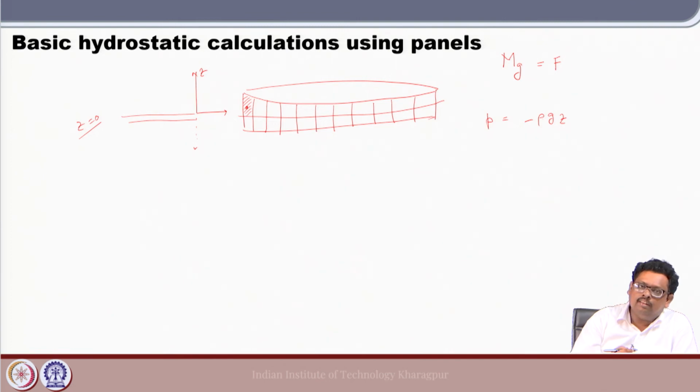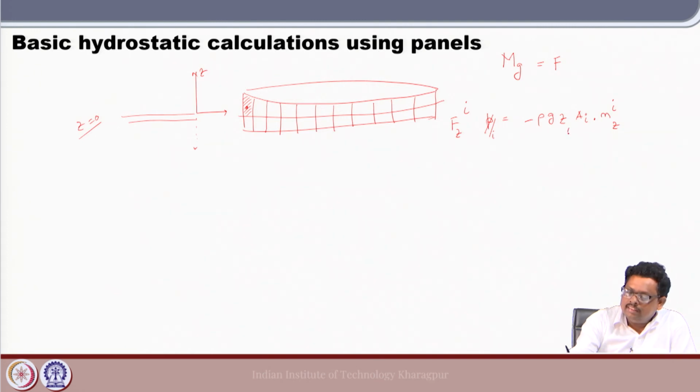Now, this is the hydrostatic pressure at panel Pi, and then you need to multiply this with the area. If the weight should be equal to the buoyancy, it should be multiplied by the Z component of the panel. So, this gives you the Z component of the i-th panel.